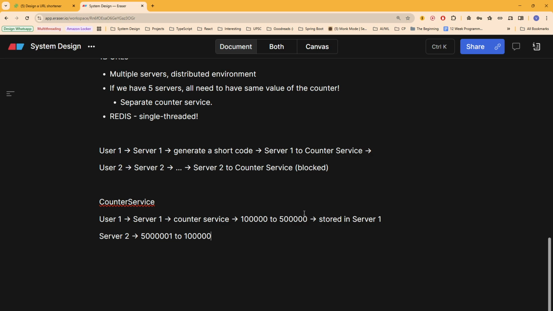Now here what could go wrong is, let's say one of the servers goes down. At that point we don't have any counter showing how many IDs it used. So again you can add some mechanism to keep track of what IDs they are using. Or what you could do is simply avoid it.